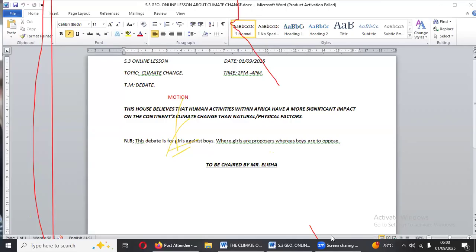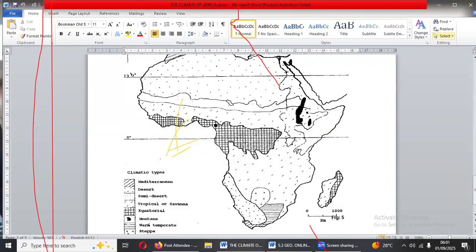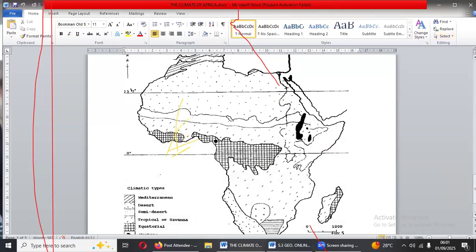And briefly to our motion, if we are talking about climate change, this is what I expected. Allow me first to project some information here.